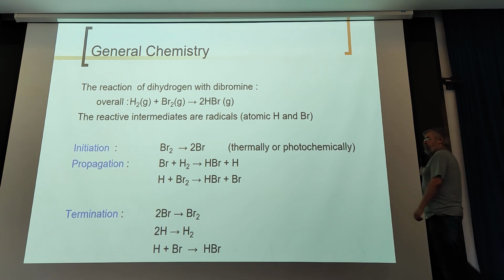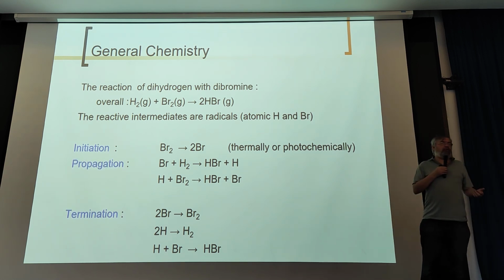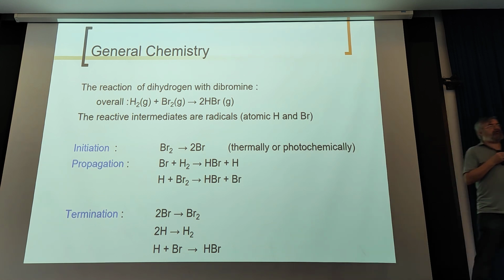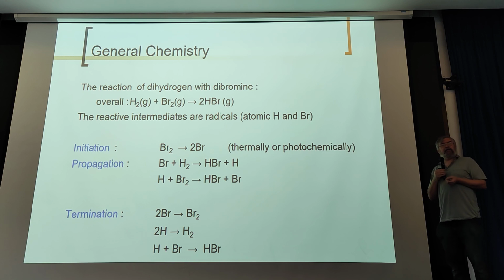Now, the termination is mostly unwanted because it stops the reaction. The two bromine radicals come together, which is the opposite of the initiation reaction. Or two hydrogens might come together, and then we have dihydrogen.